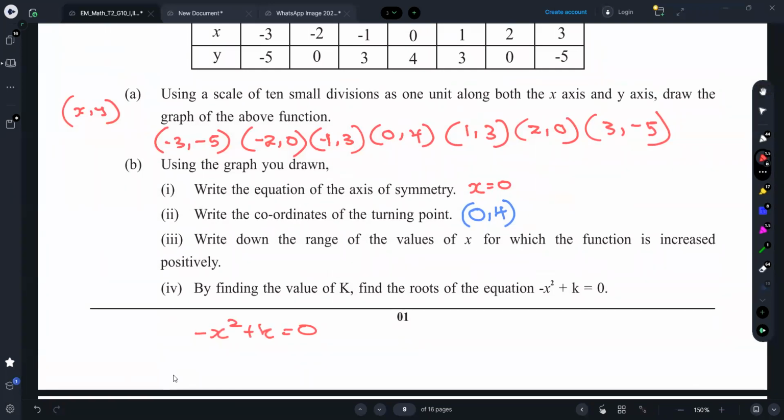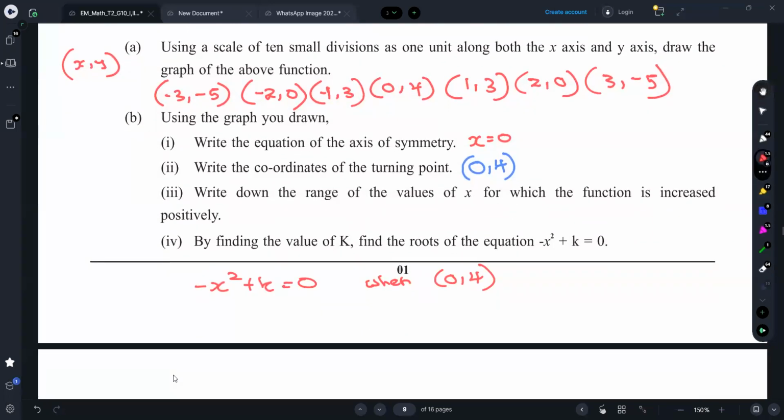Now, let's take a point, the point (0, 4): x equals 0 and y equals 4. y equals minus x squared plus k.